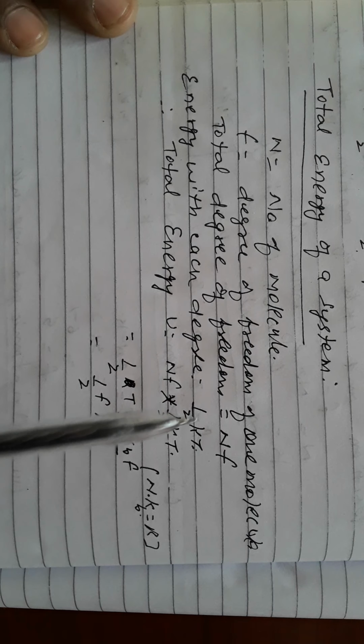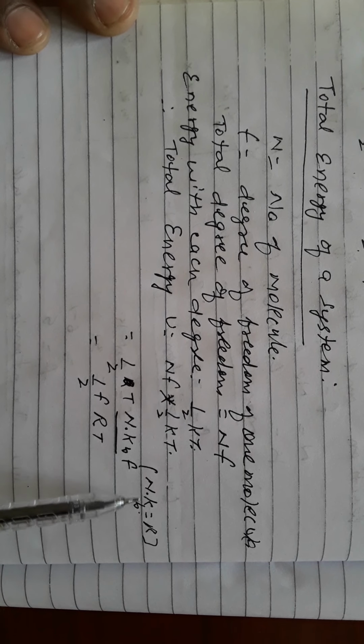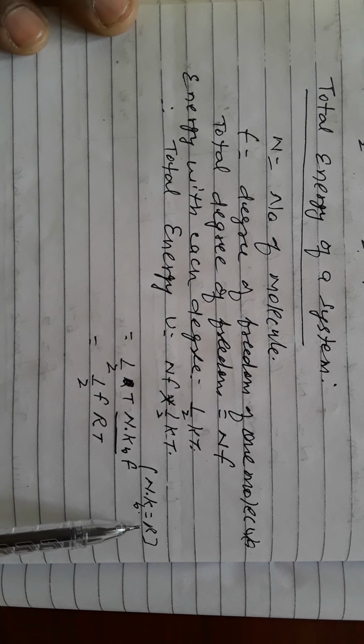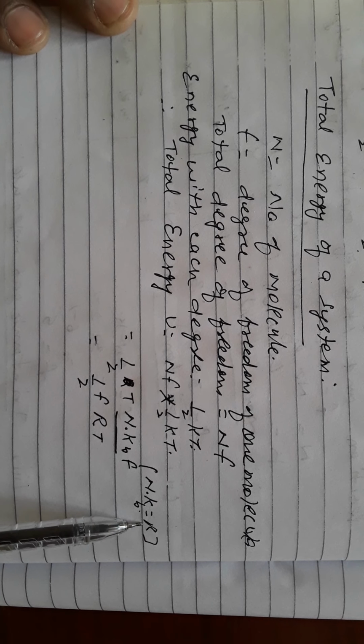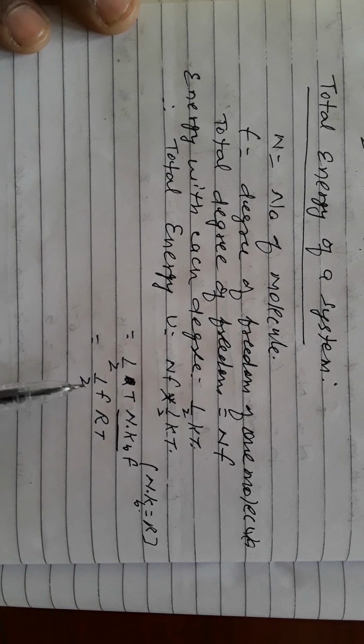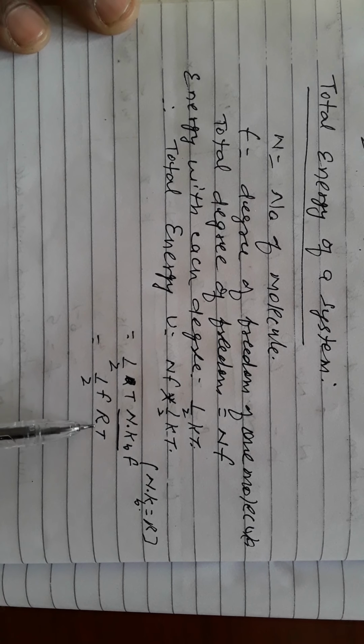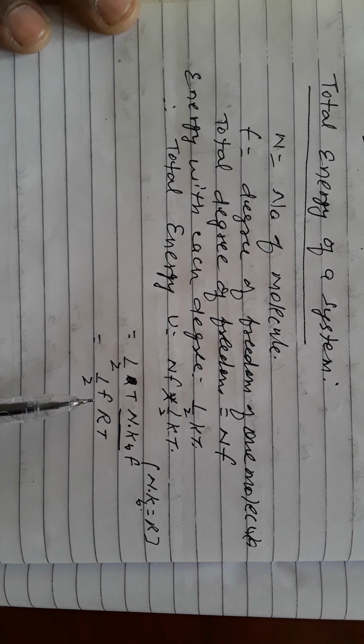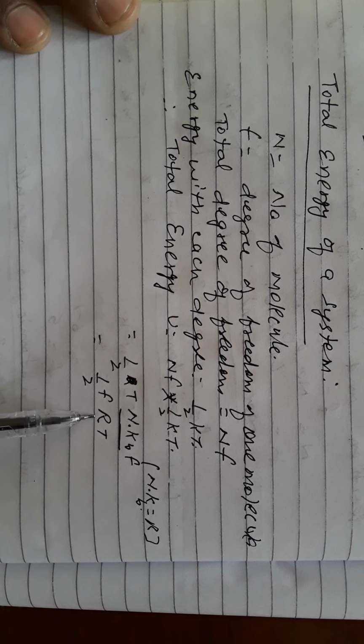So total energy U is equal to total degree of freedom into energy with 1 degree, NF into half of kT. We know number of molecules into Boltzmann constant is equal to capital R, which is known as gas constant. So we can write U equals half into F into R into T, where F is degree of freedom, R is gas constant and capital T is temperature.